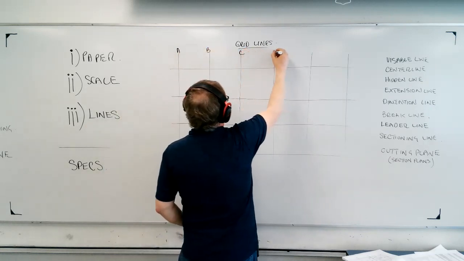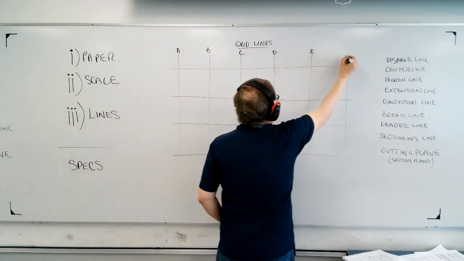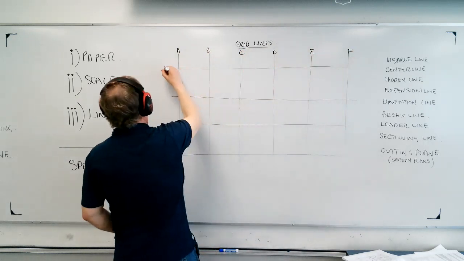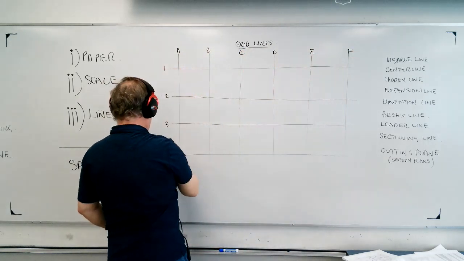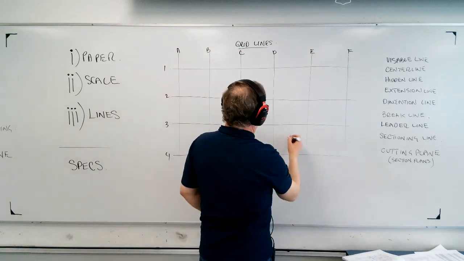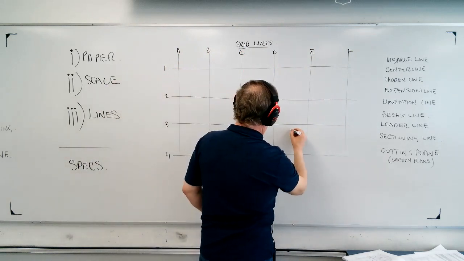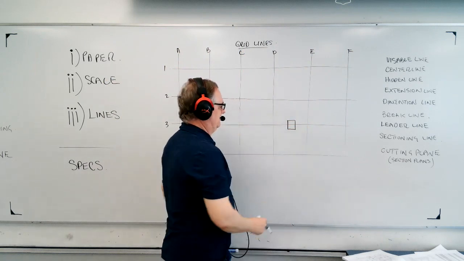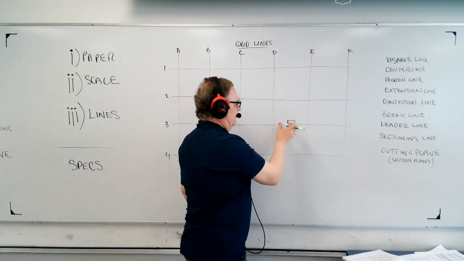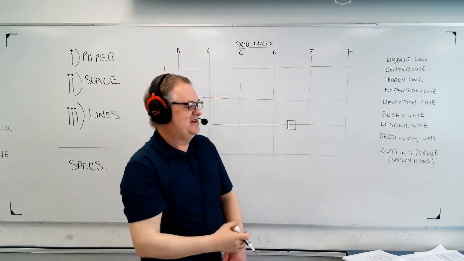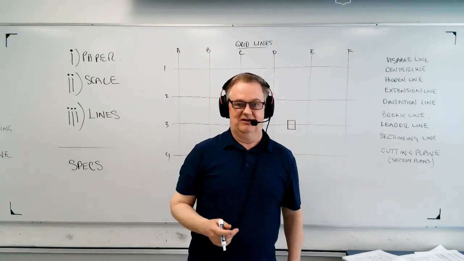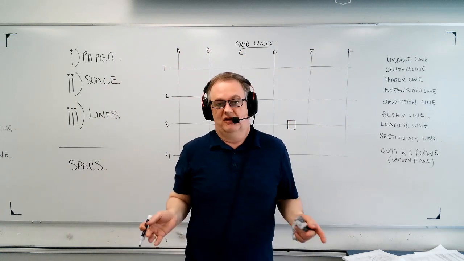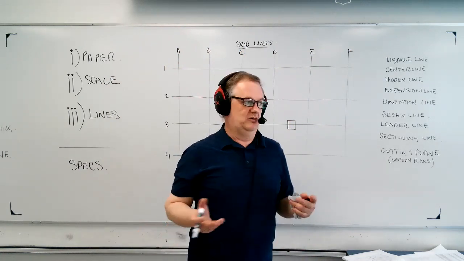Here's A, B, C, D, E, F, and here's 1, 2, 3, 4. And the motor starter is supposed to be mounted right here. But when I get to the field, I see that there's actually something that is in the way. So I need to talk to the architect about this and find out if there's going to be a deviation. Should we move it? What should we do?